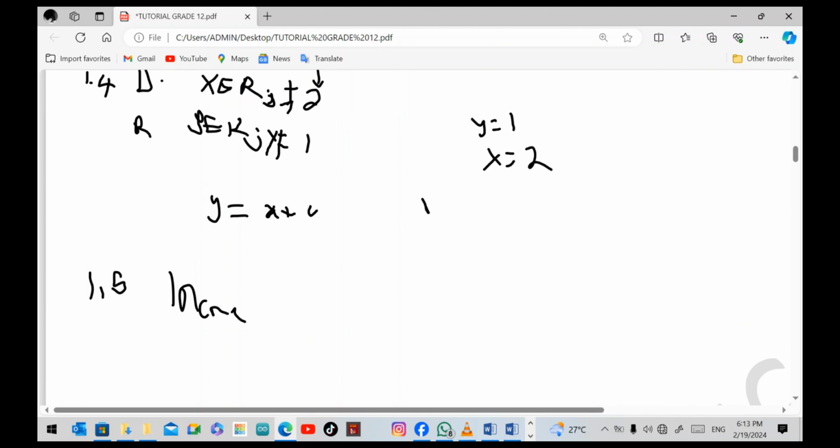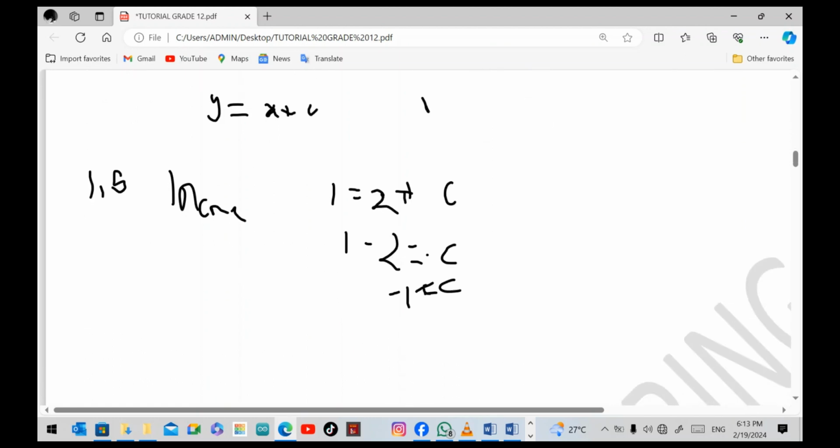So we say 1 is equal to 2 plus c. Then 1 minus 2 is equal to c, so c is equal to minus 1. Therefore the equation is y equals x minus 1. So this is your increasing axis of symmetry.